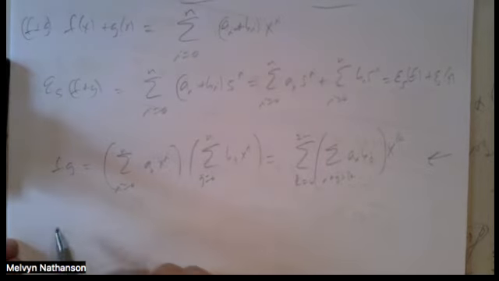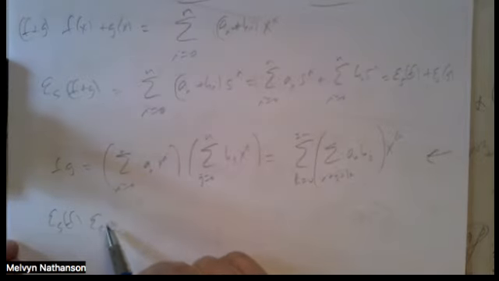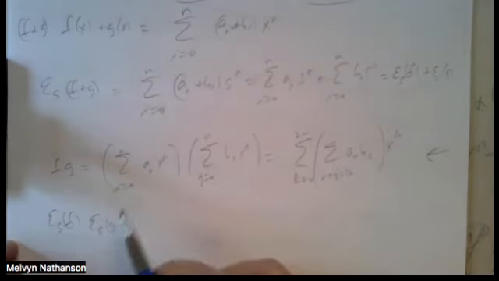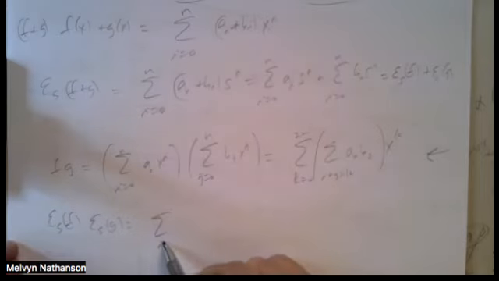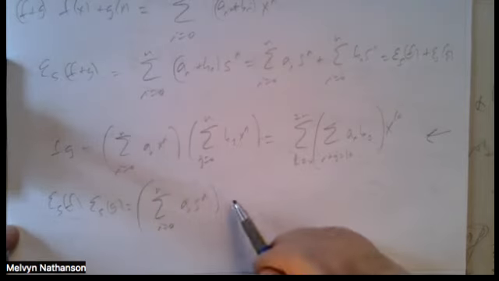You need to go sit down with some paper, take a couple of polynomials, f and g, multiply them together, and see that this is exactly the rule for polynomial multiplication. So epsilon sub s of f, epsilon sub s of g. If I evaluate f at s, I get summation i goes from 0 up to n, a sub i, s to the i.